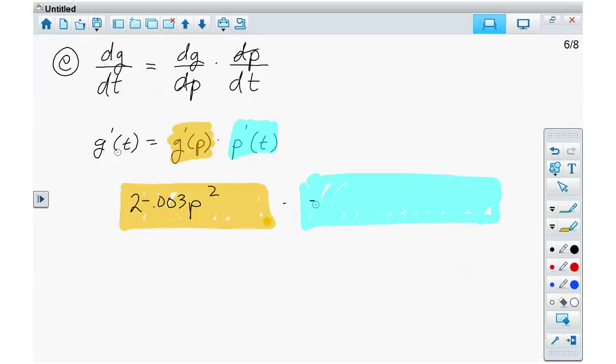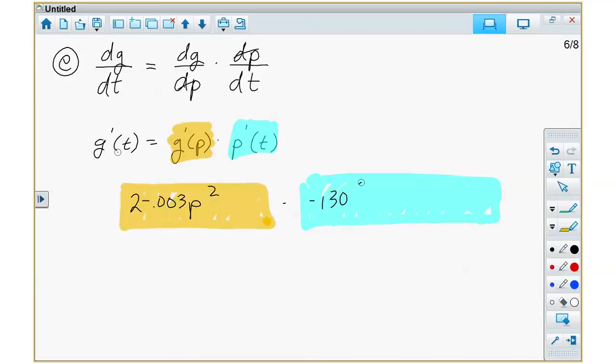Negative 130, (1 plus 12e to the negative 0.02t) to the negative 2 times negative 0.24 e to the negative 0.02t.